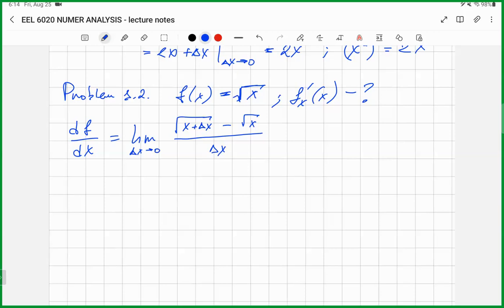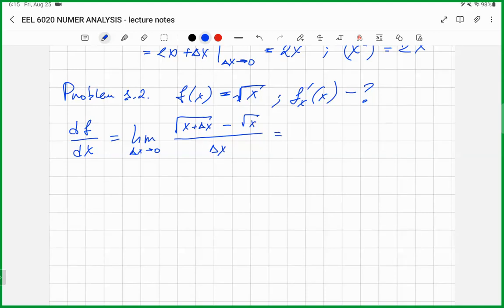But we can factorize this delta x in the numerator so it cancels with the delta x in the denominator, and we will get a final result that is finite upon delta x vanishing.